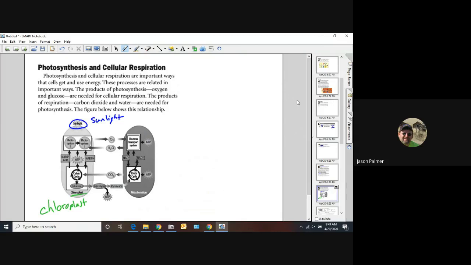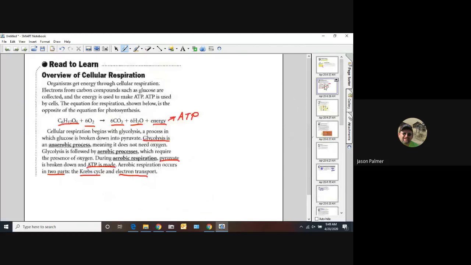And so you get that equation that I showed you earlier. Again, you could write this in two different directions. This side would be the chloroplast sunlight side, and this is the aerobic side.